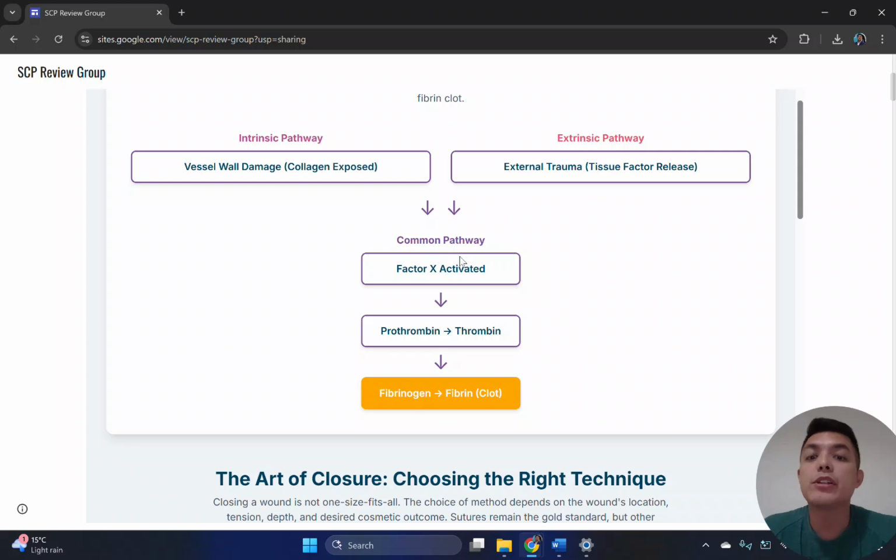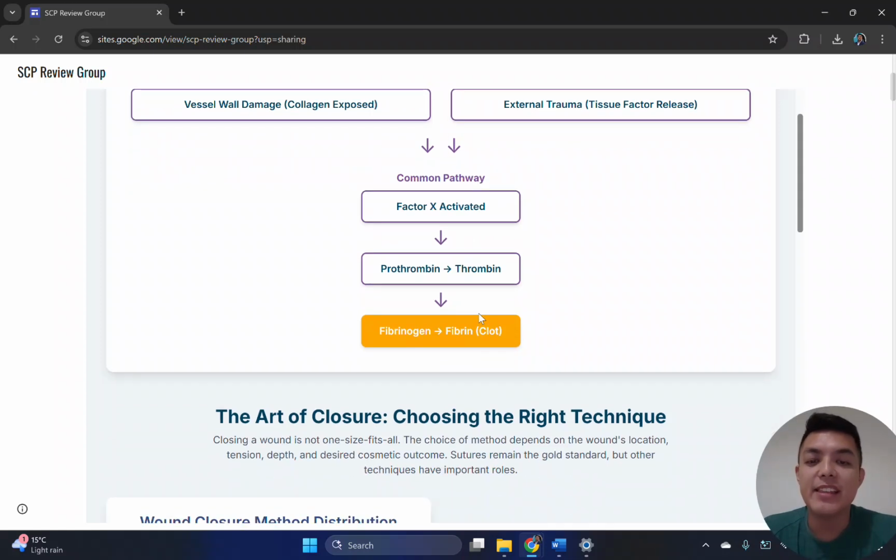Common pathway, which then factor 10 will be activated. This is not factor X. This is factor 10, which will be activated, which will convert prothrombin to thrombin, and then fibrinogen will be converted to fibrin, which will form the mesh or the clot.